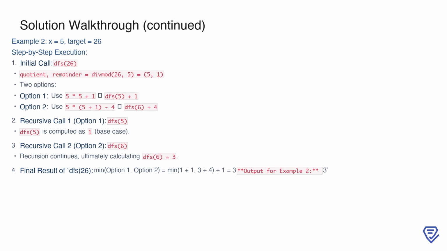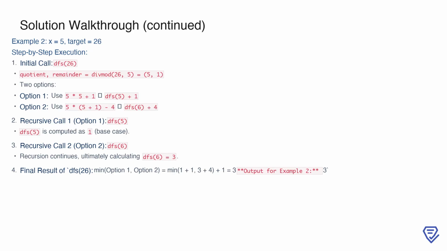In the second example, x is 5 and the target is 26. The initial call is DFS(26). Dividing 26 by 5 gives a quotient of 5 and a remainder of 1. From here, we have two options to consider. The first is to express 26 as 5 * 5 + 1, which leads to DFS(5) + 1.